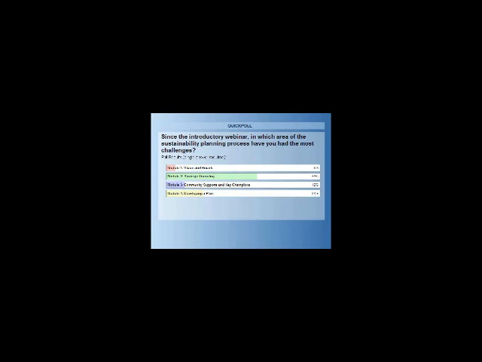So 59% of you are feeling challenged by the strategic financing piece of this work, and the next most common challenge is developing a plan.